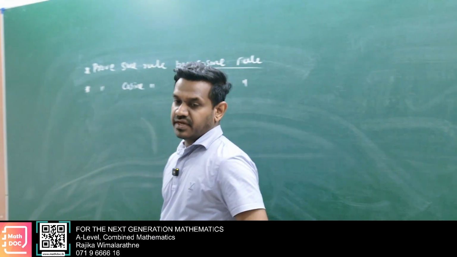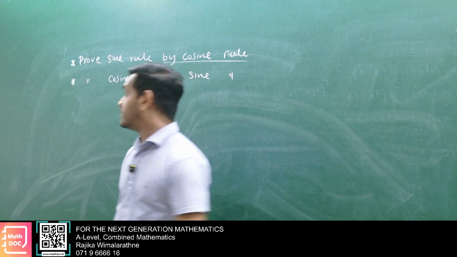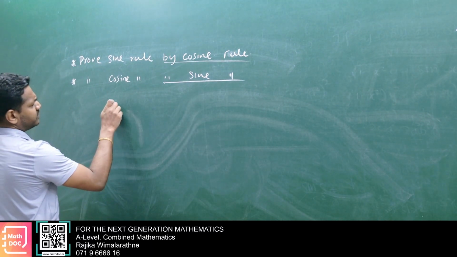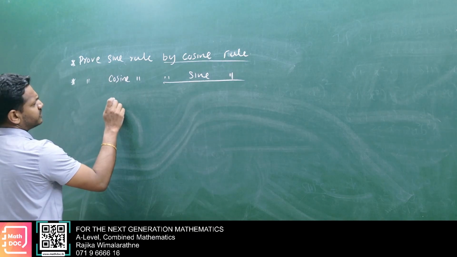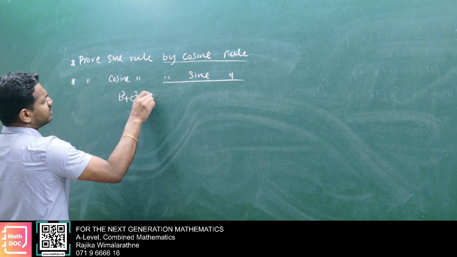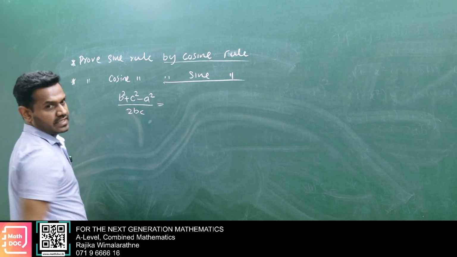Okay. Now see, the cosine rule by the sine rule. Then you can take the sine rule directly. So consider the right side of the cosine rule, that means (b² + c² − a²) over 2bc. If we can prove this equals cos A, then that is the cosine rule.